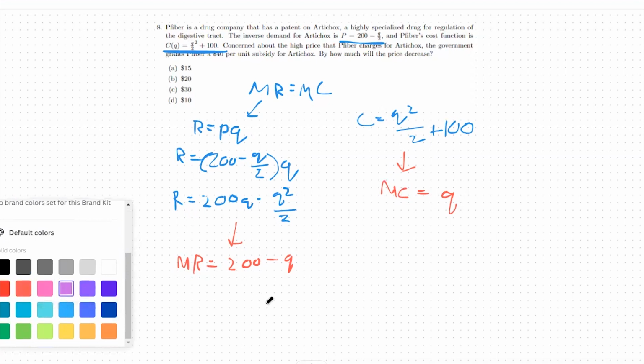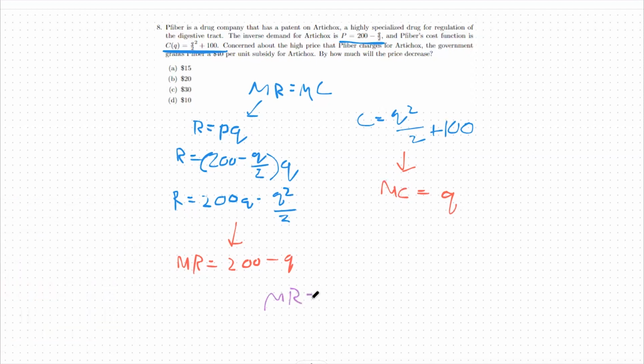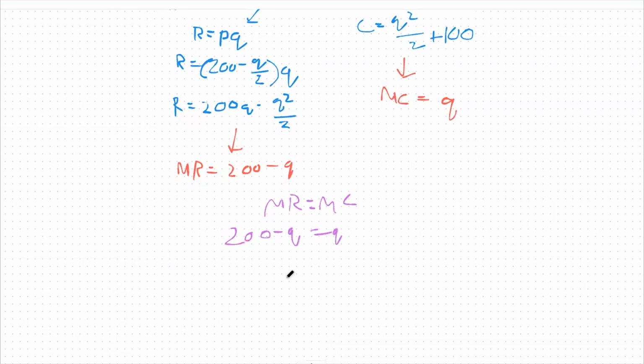Putting these together, marginal revenue, again, equals marginal cost. That will be 200 minus Q equals Q. So 200 equals 2Q, or Q equals 100.